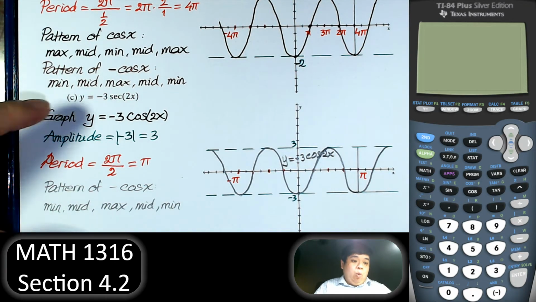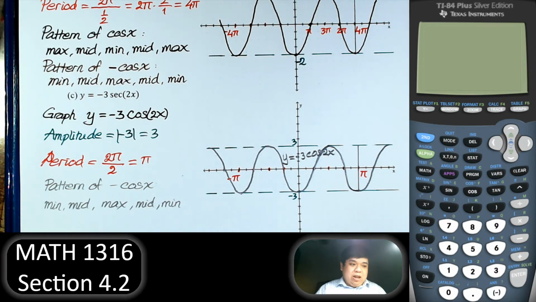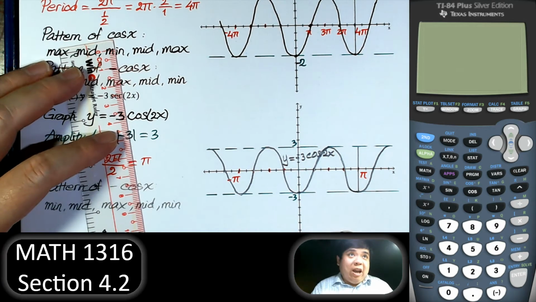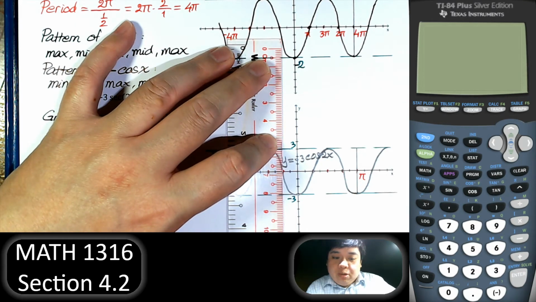Now, we're going to graph y equals negative 3 secant of 2x. So how do we go from that? First of all, when we have the reciprocal function, where the cosine is equal to 0, there will be the asymptotes.